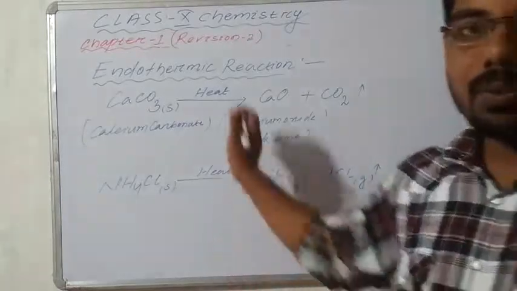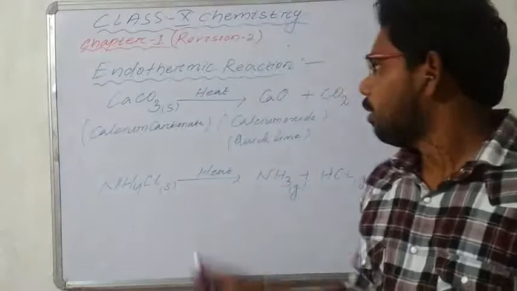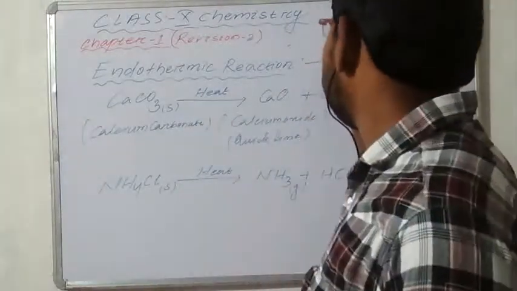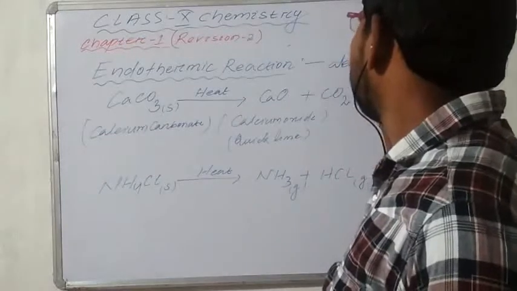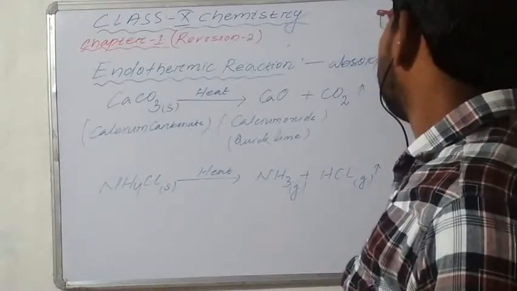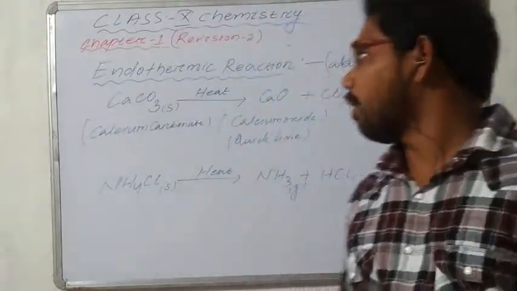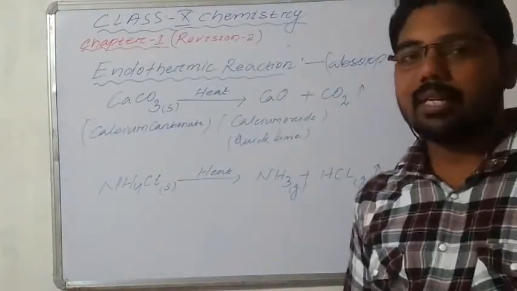So these two reactions occur in the presence of heat energy, or by the absorption of heat energy. By the absorption of heat energy, it is called an endothermic reaction.